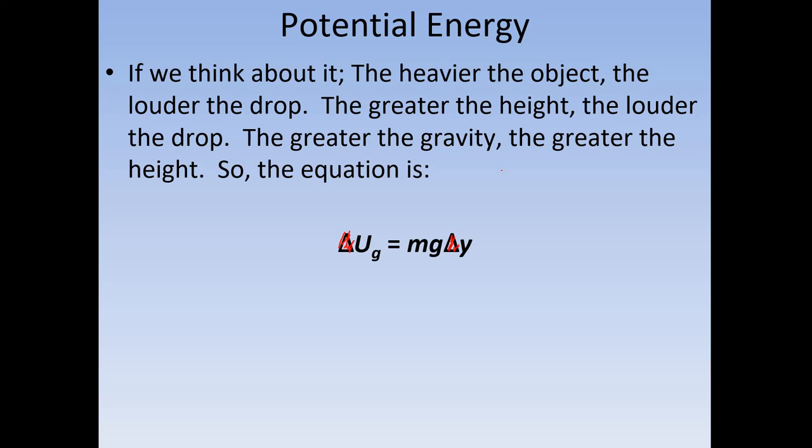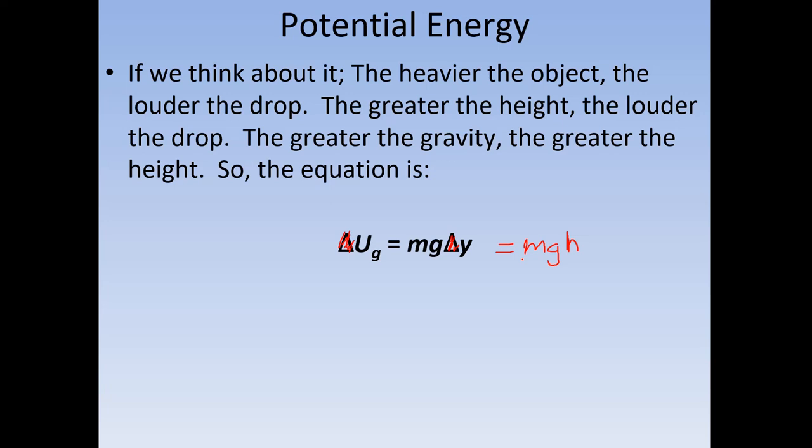So you don't need to include it. It's one of those things that is very commonly dropped. In addition, instead of using the y term, I might regularly use mgh. Just a habit because I always talk about height, but the way that you're going to see it on the reference table is with the deltas.